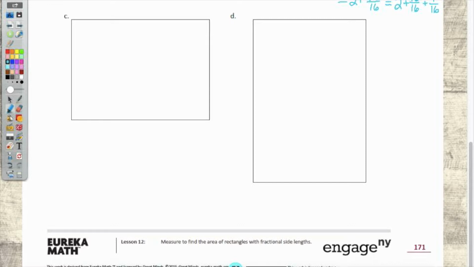So Abdiel, what'd you get for the length? 2 and 1, right? Wait. 2 and 2/4. You got it. So in order to write that, I put 3/4 out to the side.